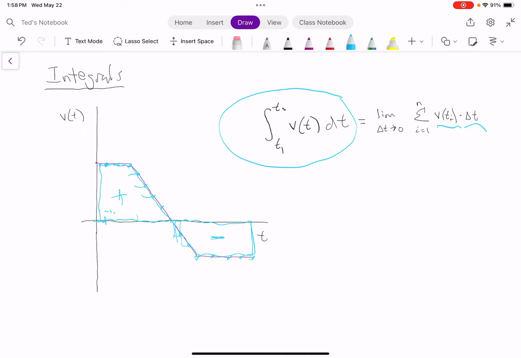There are a lot of times in physics where this is a useful thing to do, and I just want to very quickly talk about how we calculate an integral. The way we do an integral is basically an antiderivative. It's like the opposite of doing a derivative.